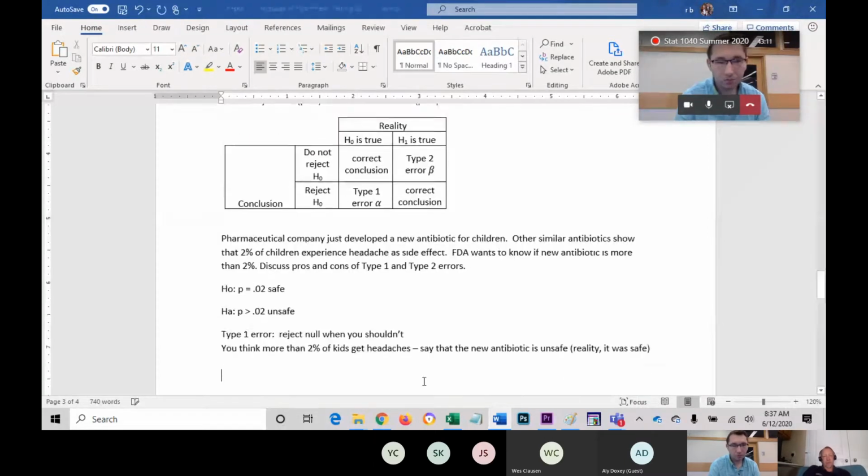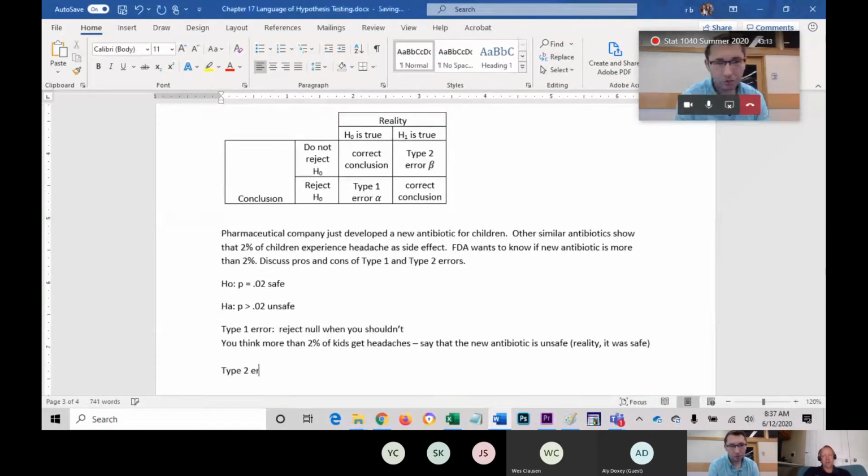Now, let's talk about the type 2 error. This is the other mistake you could make. It says do not reject the null when you should. In the context of this problem, what does this mean?